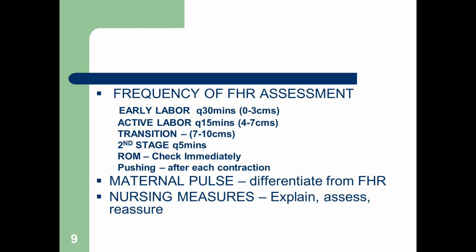Again, if you have a patient on the monitor and you're picking up low heart rates, you've got to look and see what the contractions are doing, because the baby is responding to the contractions, and so perhaps that environment is not conducive to the baby's well-being, and they may have to deliver, okay?